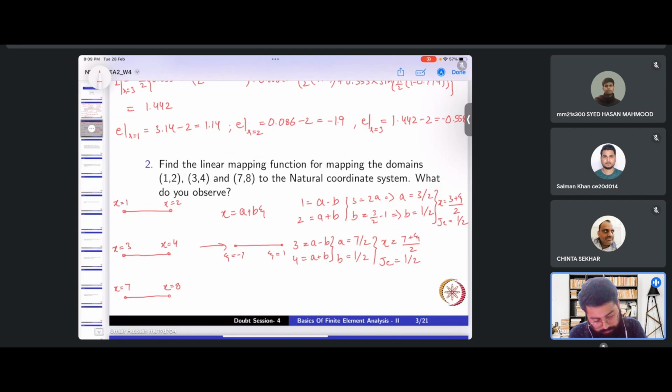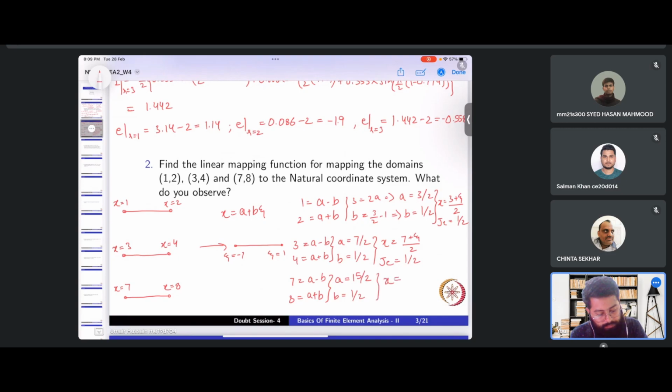The next case, at x equals 7 we have zeta equals minus 1. At x equals 8 we have zeta equals plus 1. So this gives us a equals 7 plus 8, which is 15 by 2, and b is again equal to half.